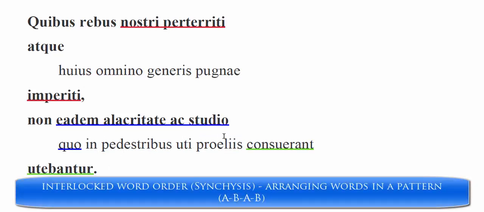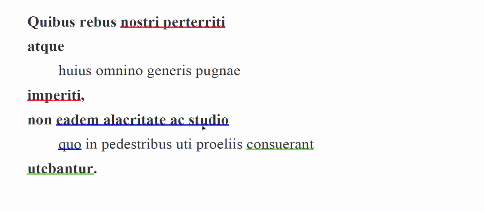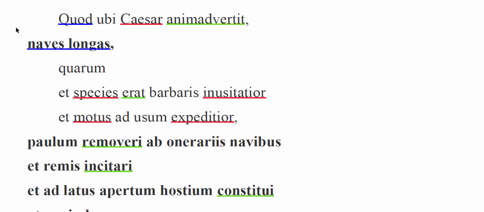We see a little interlocked word order here going on. So they weren't able to use that speed and eagerness that they typically use in infantry battles. And again, quo is ablative, but it's the object. Why? Because of uti.